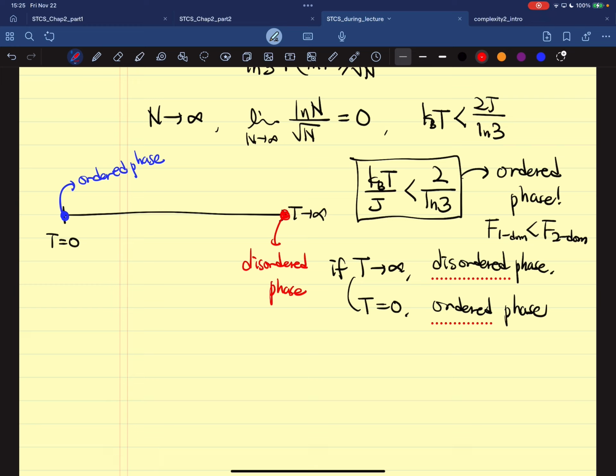But we know that there's a certain temperature, 2J over KB log 3. This guarantees that for temperatures less than this one, all of these should be the ordered phase, like this.